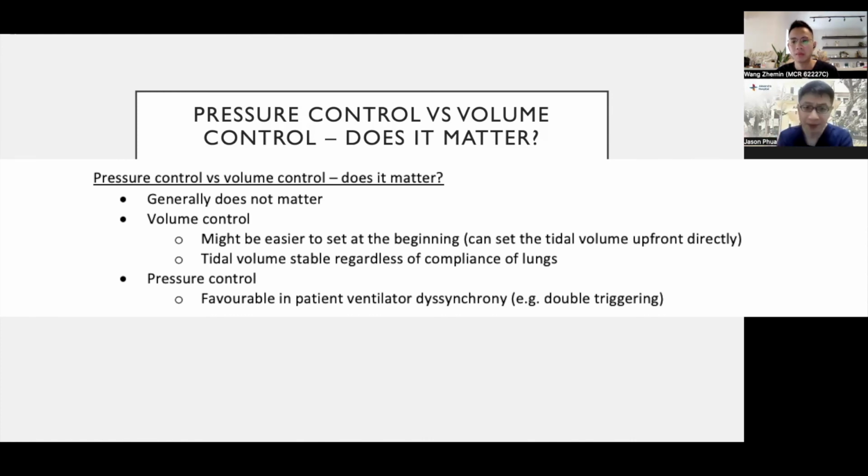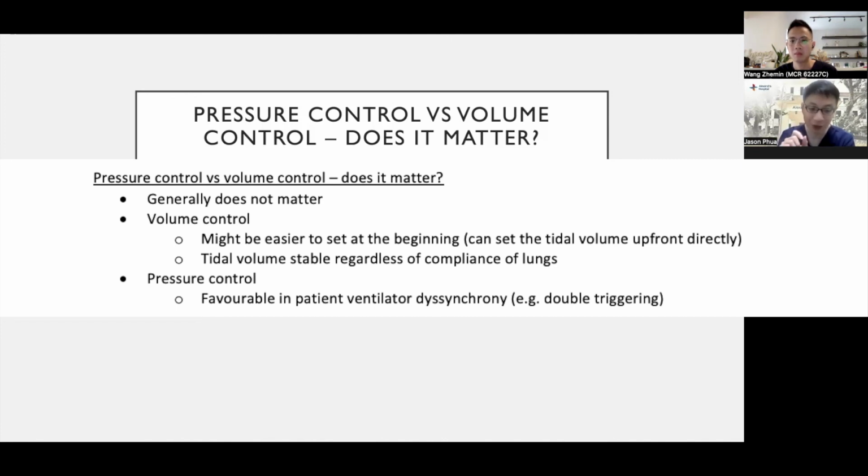Sometimes, despite increasing the flow rate and, in addition to that, increasing the tidal volumes, the breath stacking still happens. And because of the ability to better control the inspiratory time and flow rate in pressure control, sometimes switching to pressure control is possible.